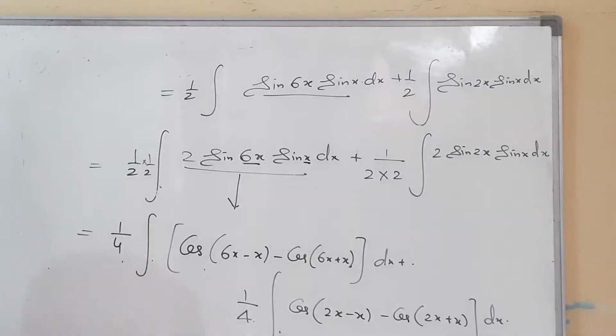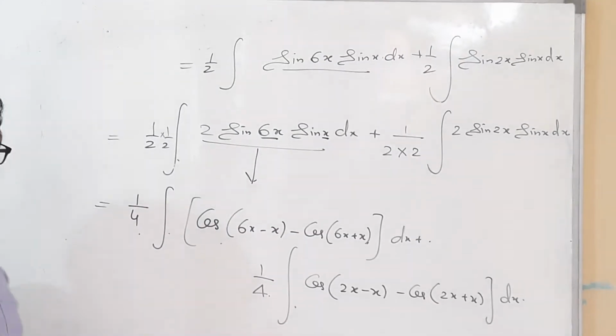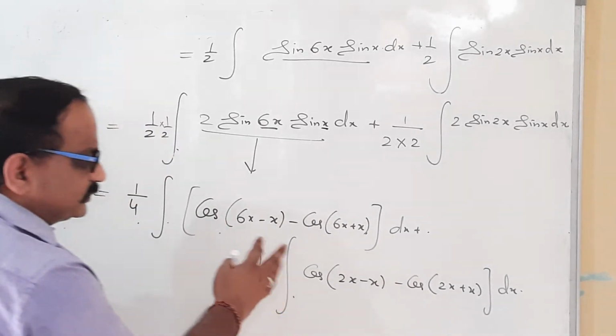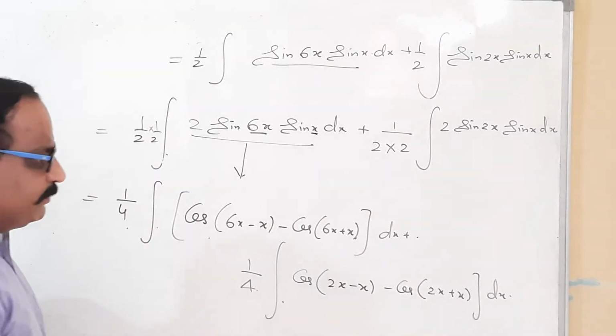Now see, in the entire portion of the integrand, everything is comfortable and comes in our zone. Everything is in subtractive format, we are able to simplify, and we are able to integrate them individually.